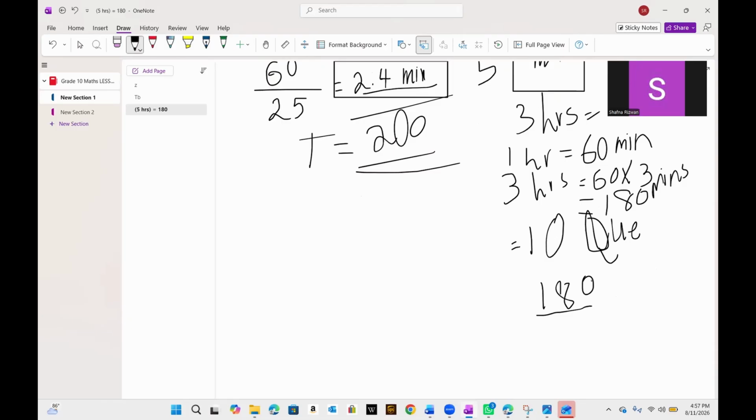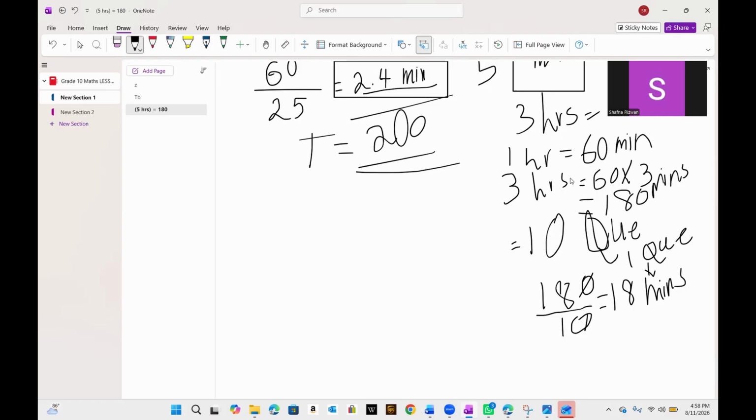How can you find it? Take your total time, which is 180, and you have to complete around 10 questions. So divide 180 by 10. How much will you get? Cut the zeros, so you will get around 18 minutes. 18 minutes for one question. You will get around 18 minutes to complete one question in paper 2.